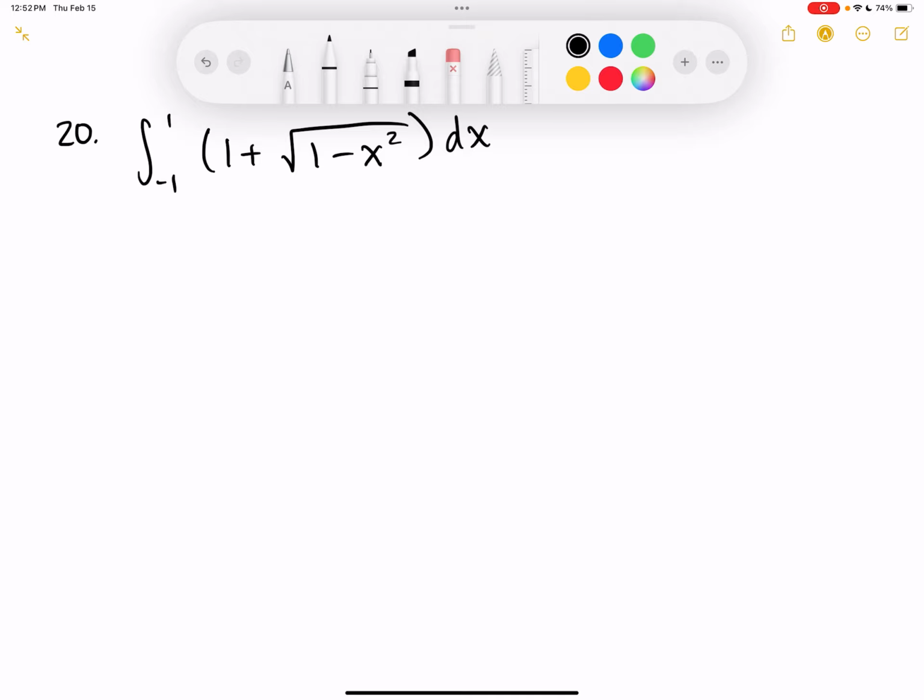Zoom box. All right, you're probably going to need to zoom box based on what I'm seeing to bring it in because you can't really see the whole thing. Do we have to type in the dx? No. You're just typing in the 1 plus square root of 1 minus x squared.